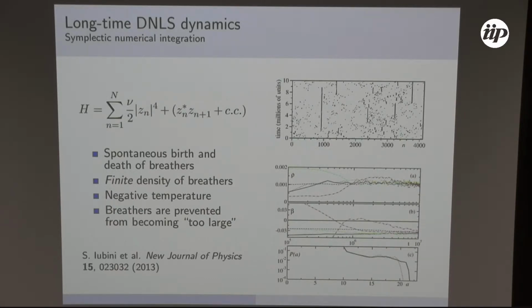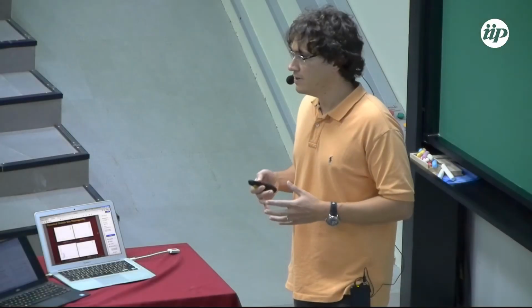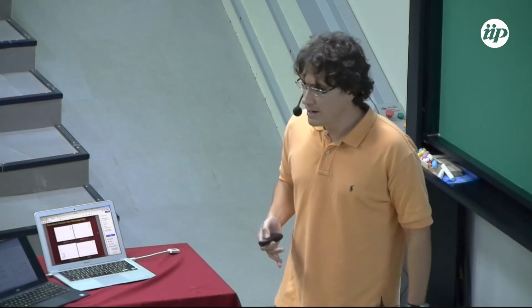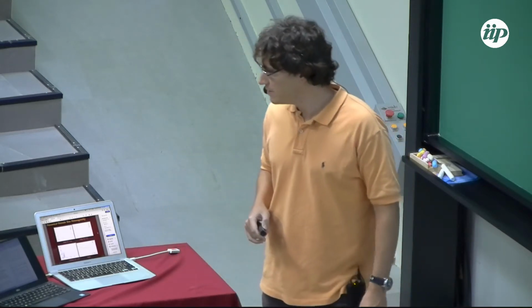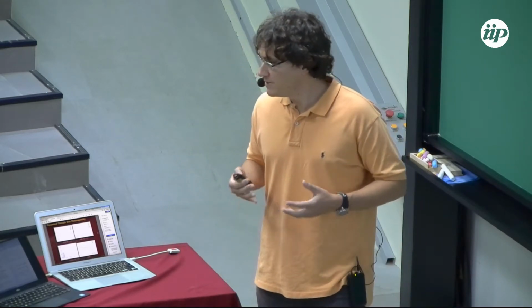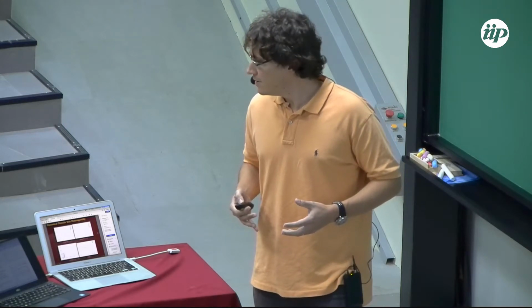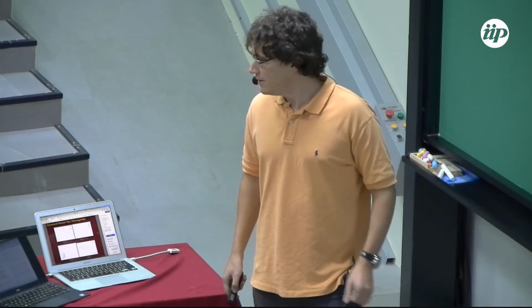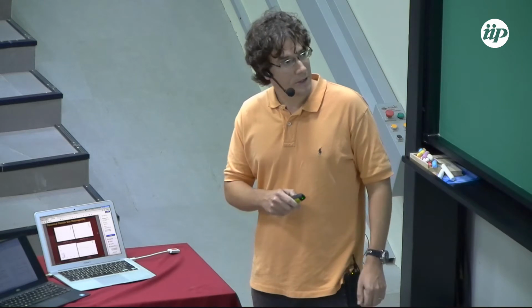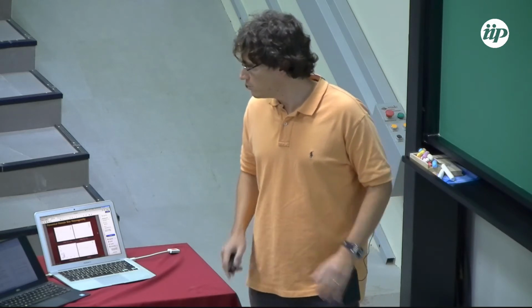So this means that in some sense the system is frozen in a sort of metastable state where the temperature is negative. In this simulation, we were not able to see the relaxation.